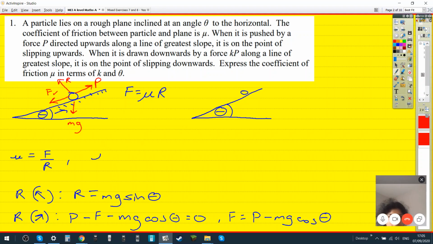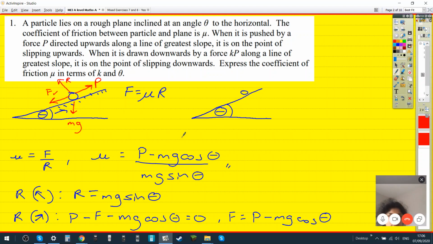And so mu equals P minus mg cos theta over mg sine theta. You could change it, but I think that's okay. We're missing a K, sorry, K and theta.